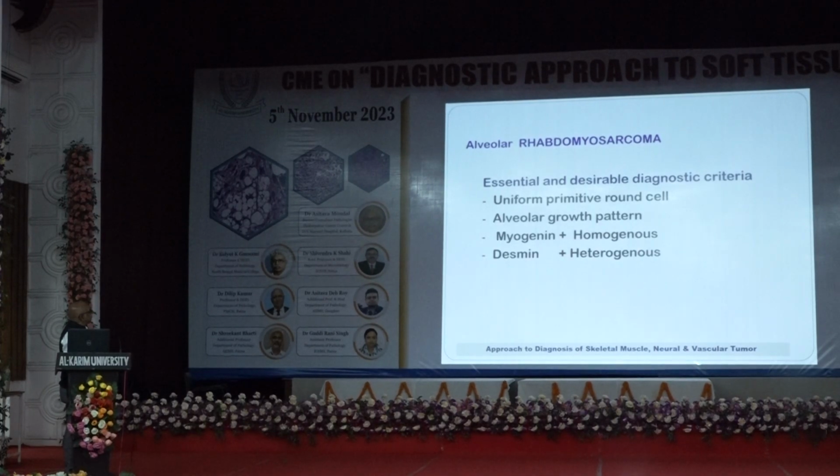I think postgraduate students should concentrate on this part, because this is the gist of this topic. How will you think of this? This is the minimum criteria to label as alveolar rhabdomyosarcoma.